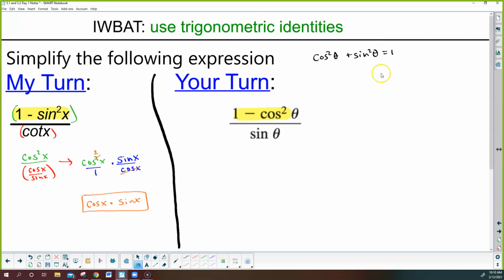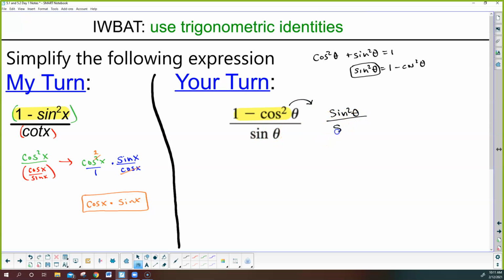So can I get the cosine over here, so it belongs with the 1? And now it's a perfect representation of sine squared. So that's the first step, we're going to replace the top with sine squared theta.